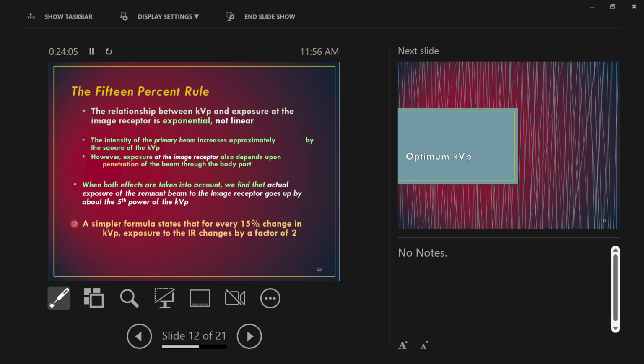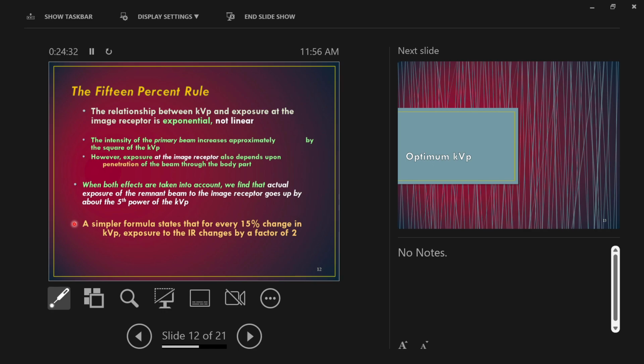So at the image receptor, a 15% increase in kV would double the receptor exposure, and doubling the mass would also double receptor exposure. The 15% rule says a 15% increase in kV is the same thing as doubling the exposure at the receptor by using mass. I can change mass like I've shown here.